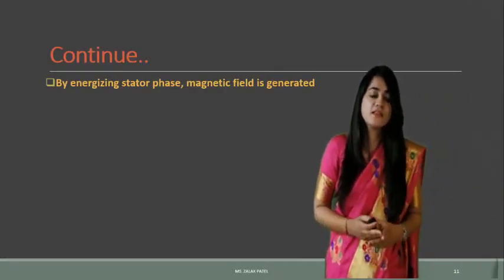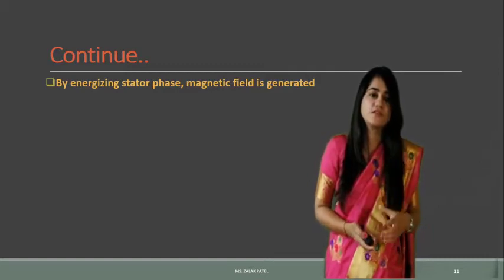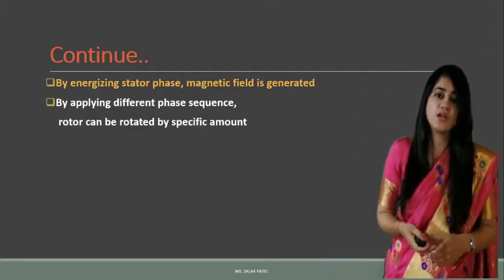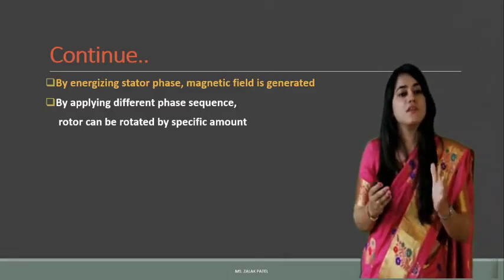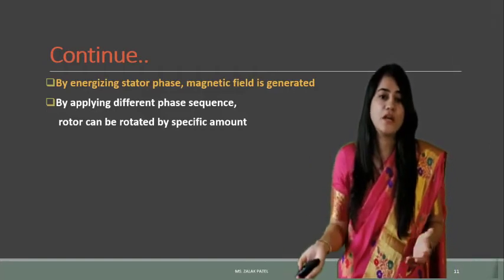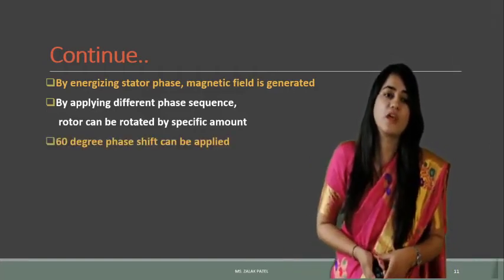By energizing the stator phase, a magnetic field is generated, and by applying a different phase sequence, the rotor can be rotated by a specific amount, either 60 degrees, 120 degrees or 180 degrees.